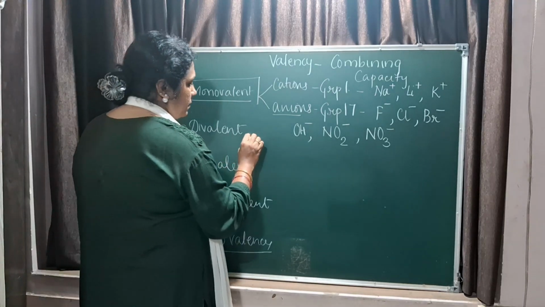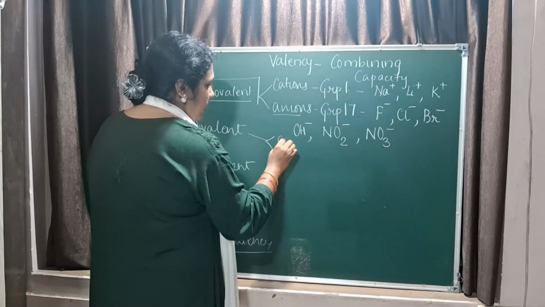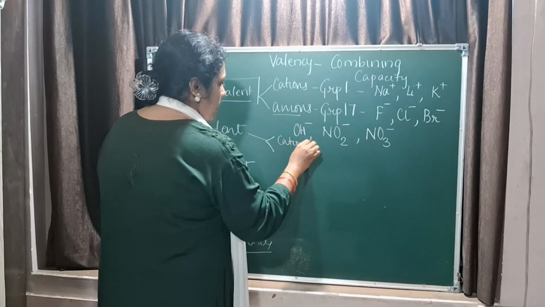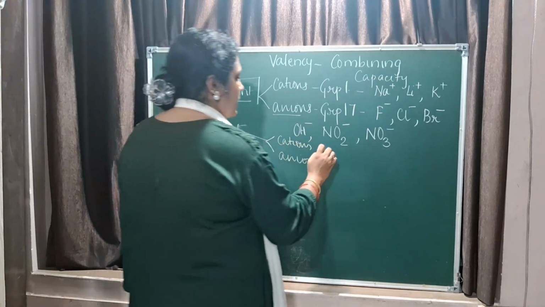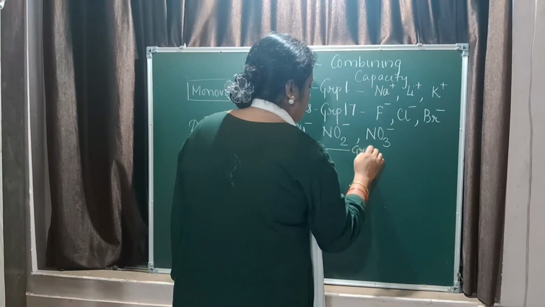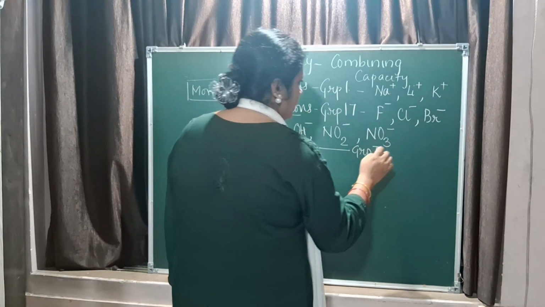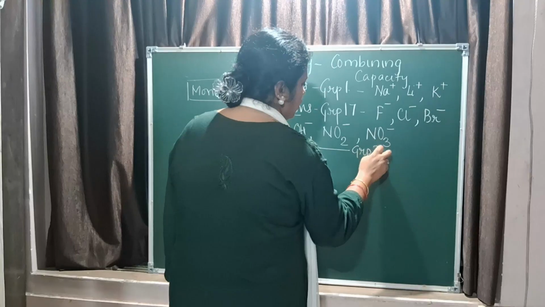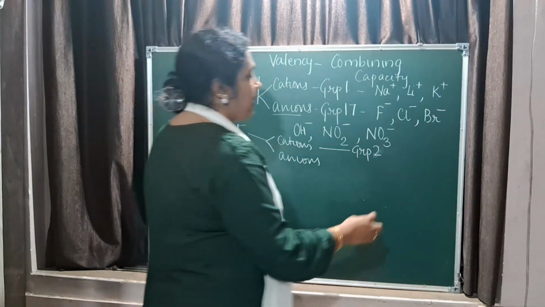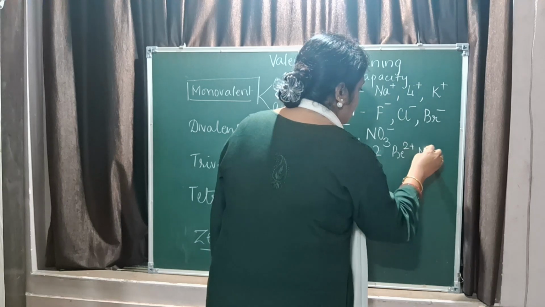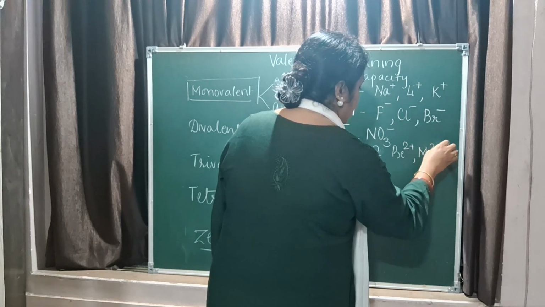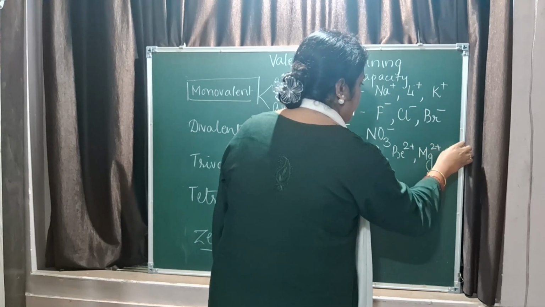Divalent, when you see divalent cations and anions. So divalent cations and anions generally belong to group 2. Okay, let me write numbers. Group 2. Okay, like you have beryllium, magnesium, calcium, right?